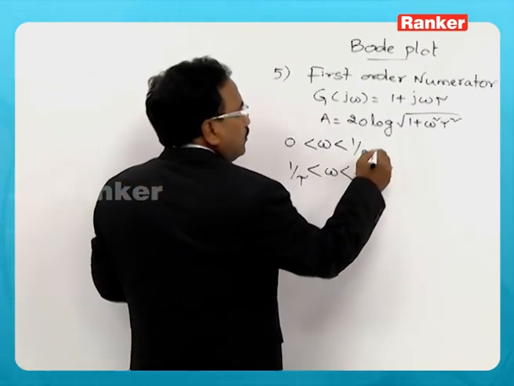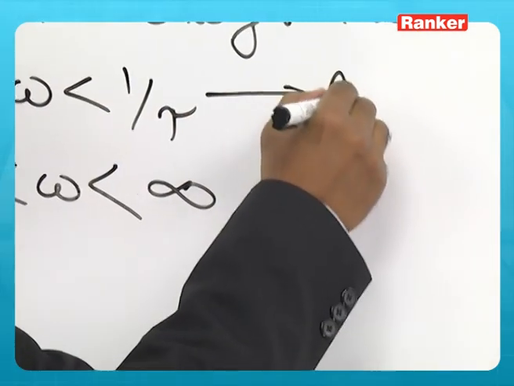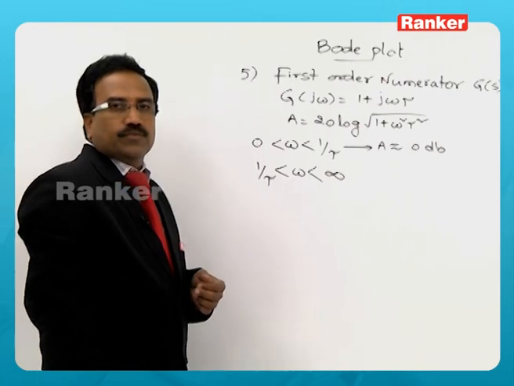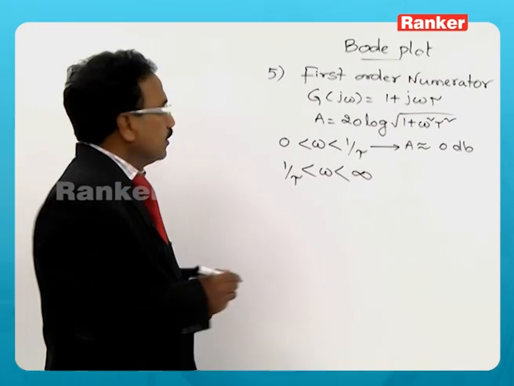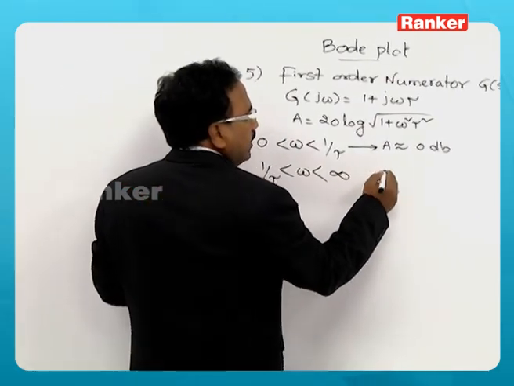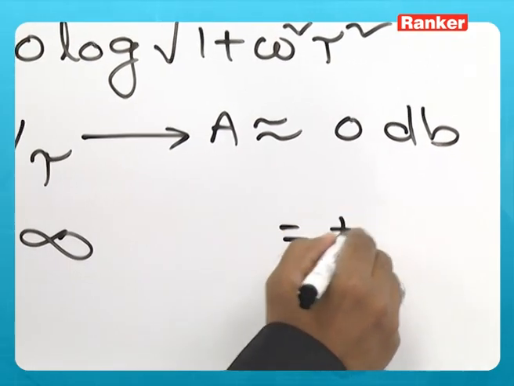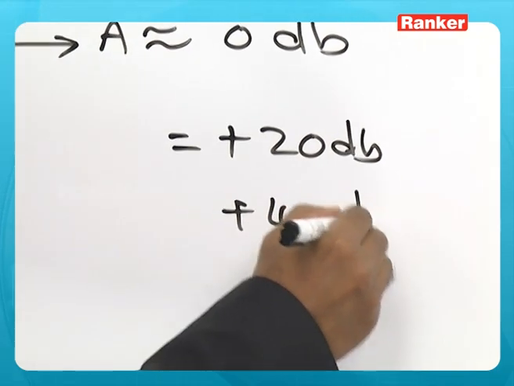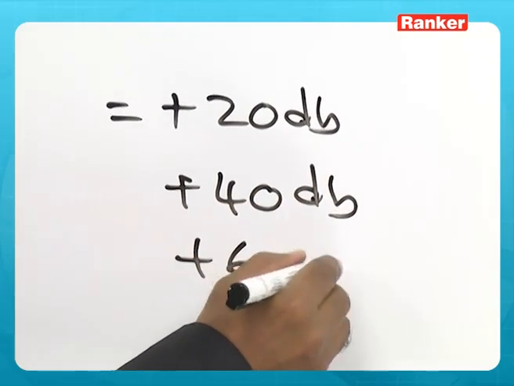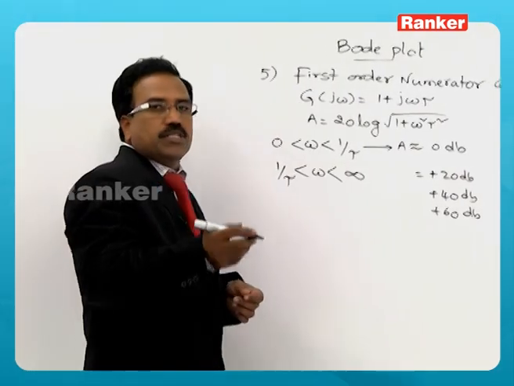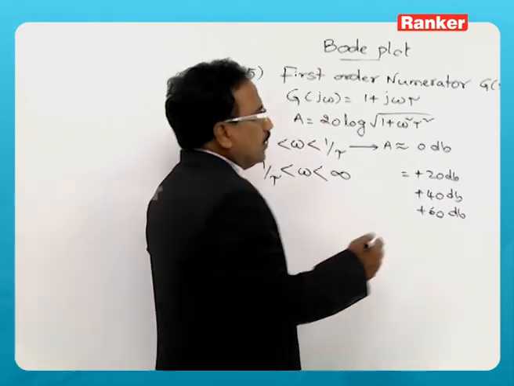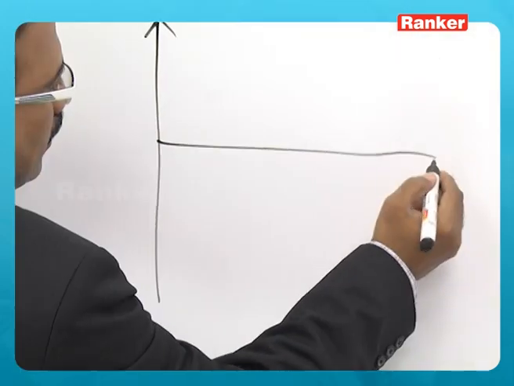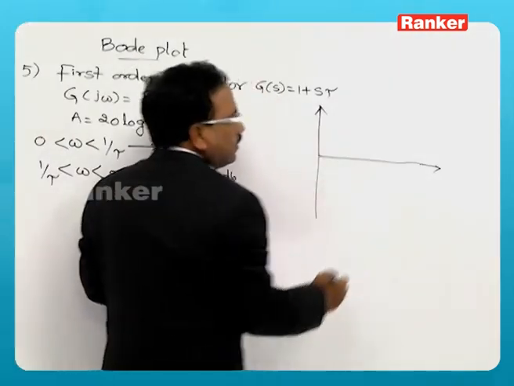During the low frequency range, the magnitude will be 0 dB. It will be a 0 dB line. And for the high frequency range, the magnitude goes plus 20 dB, plus 40 dB, plus 60 dB, and so on, as the frequency increases 10 times. So the plot again has a slope of plus 20 dB.